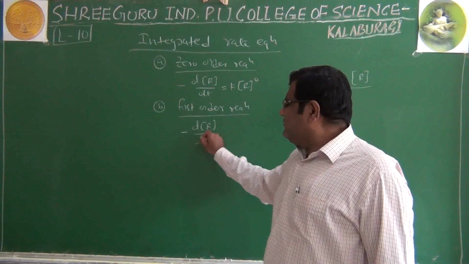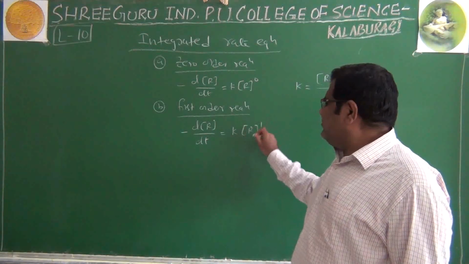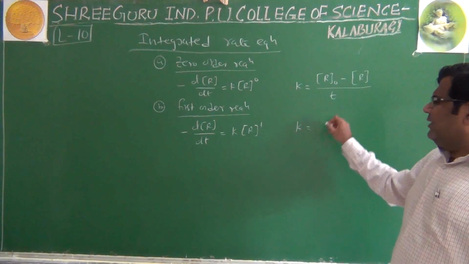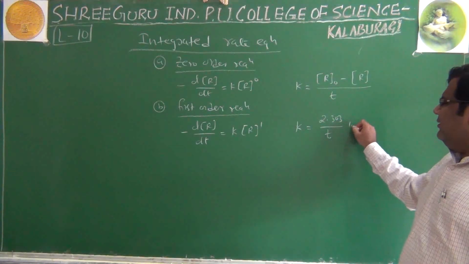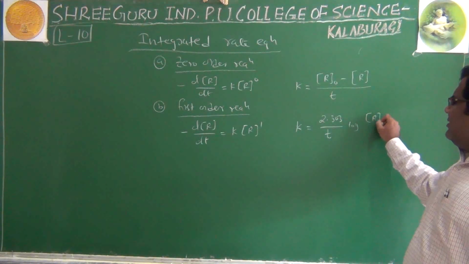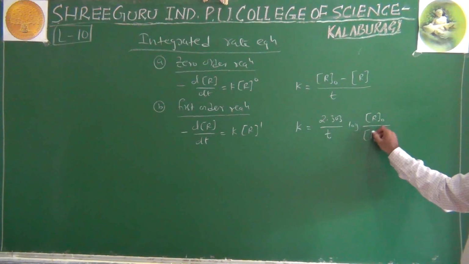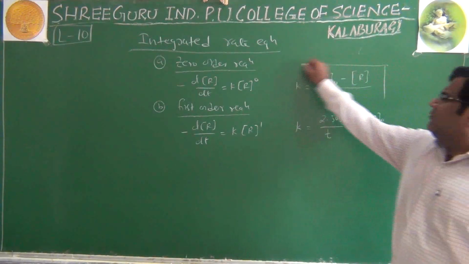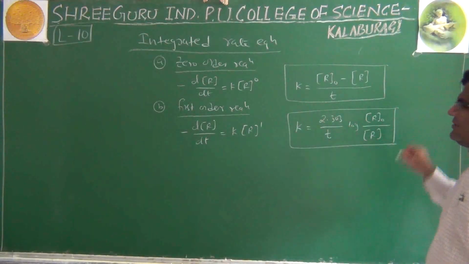We call it the differential rate equation for the first order reaction, because the molar concentration of reactant is raised to 1. What we get is K equals 2.303 by T log of the initial molar concentration of reactant divided by the molar concentration of reactant after time T. So these two equations we have derived in the last class.